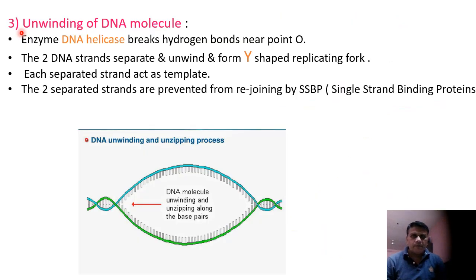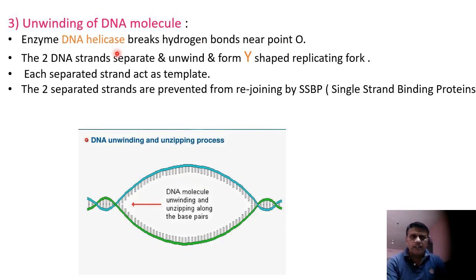Now the third step in the process of DNA replication is unwinding of the DNA molecule. We have seen that the process of replication starts at a specific point. It is called point O, the point of initiation, or the starting point.